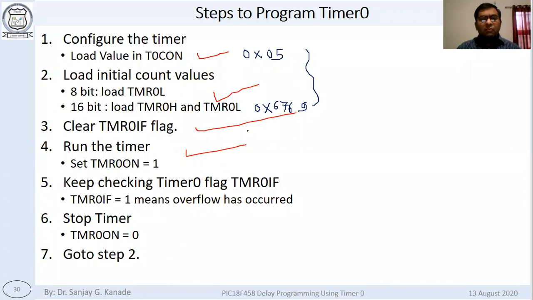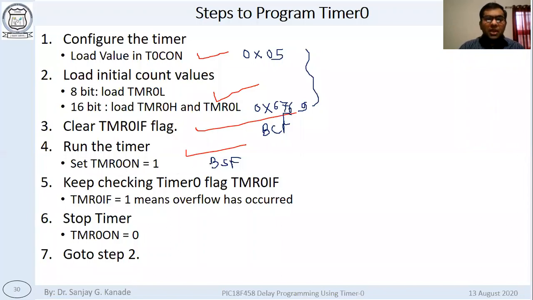Clear the TMR0 IF flag. For that we have used the instruction BCF. Run the timer. For this we have used the instruction BSF, because what clear means is we want to make this flag 0. That's a BCF. Here we want to start, which means set TMR0 ON as 1.